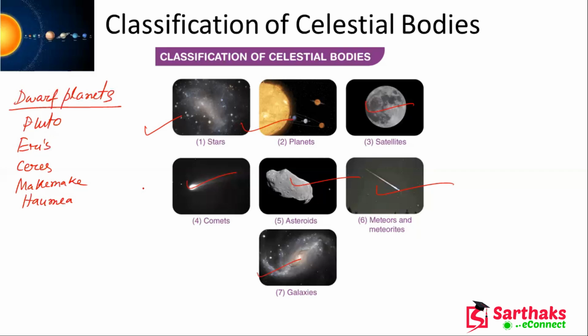So there are a lot of things in the celestial bodies. If you ask me for a few names, you can name all the planets and stars. The sun is also a celestial body, and there are 8 planets in the solar system.